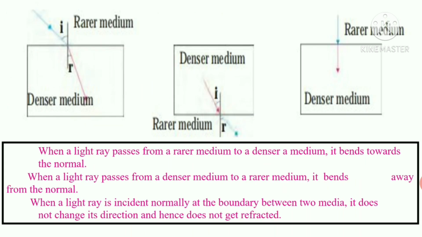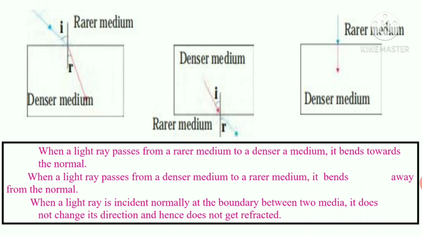When a light ray passes from a rarer medium to a denser medium, it bends towards the normal. You can see in the first diagram, the light passes from air to the glass. It bends towards the normal.